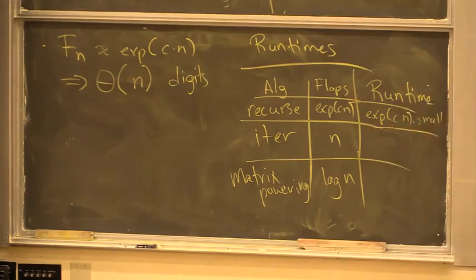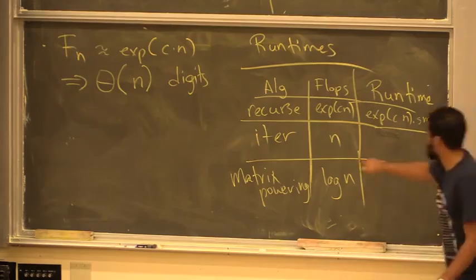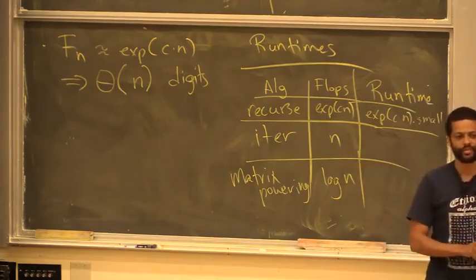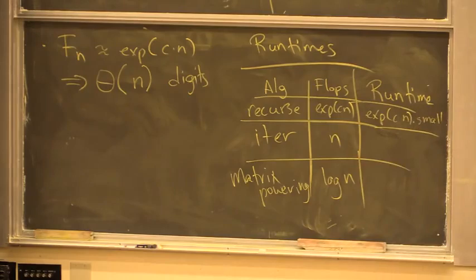It's exponential. How about the iterative algorithm? In that iterative algorithm, each one of these numbers you're adding together is at most roughly n digits long. You're doing roughly n additions, so it's n squared.